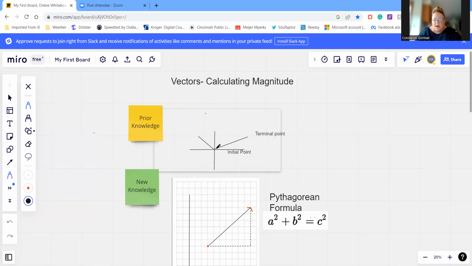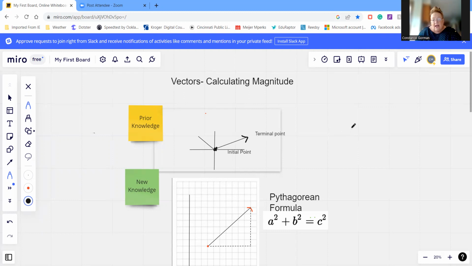So we'll look at our prior knowledge. Remember, a vector has an initial point, which I'm drawing right here, and a terminal point, which is represented by the arrow. If you recall from your geometry classes, rays have an initial point, and then the ray continues on into infinity in the other direction.